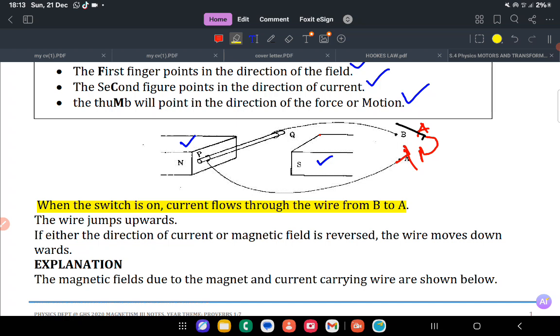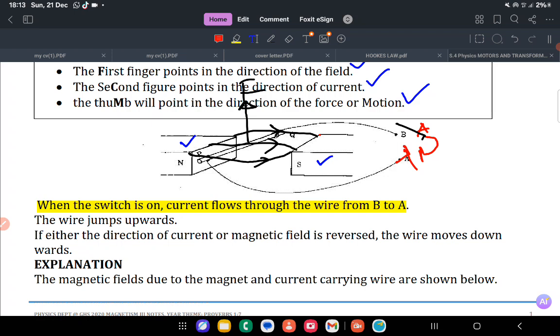All right, and the wire jumps up in response to the interaction with the field. Remember, we have a field here. So the wire jumps upwards.